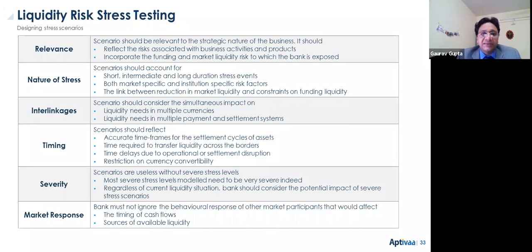In the interlinkages, for example, a credit crisis might lead to a liquidity crisis, and it should be at least 3 to 4 months of tenure, so that it starts with a severe scenario, then a moderate scenario, then a mild scenario. So there is a laddered way of approaching that particular stress. Then the market response will be how much cash or how many deposits or how much funding the bank will be able to raise in that particular time period.